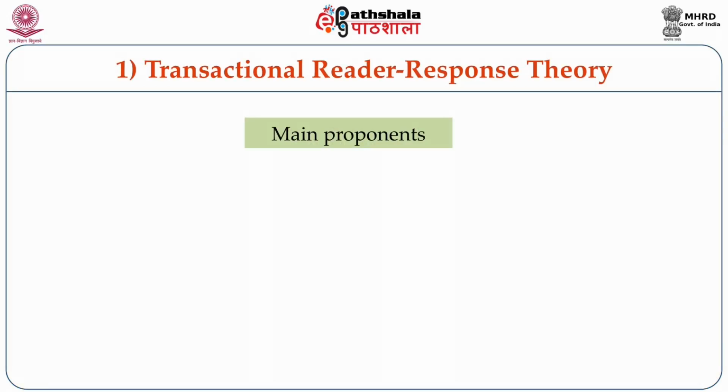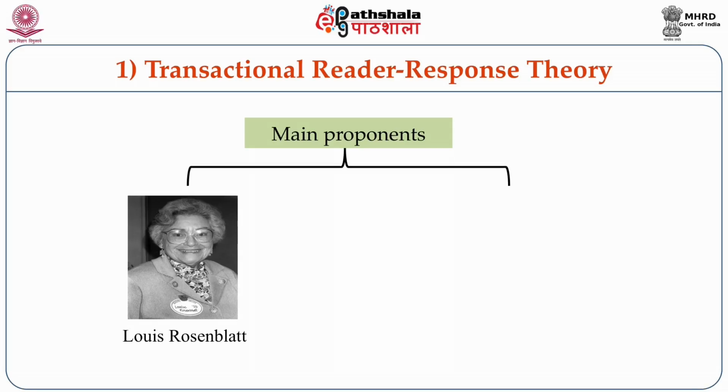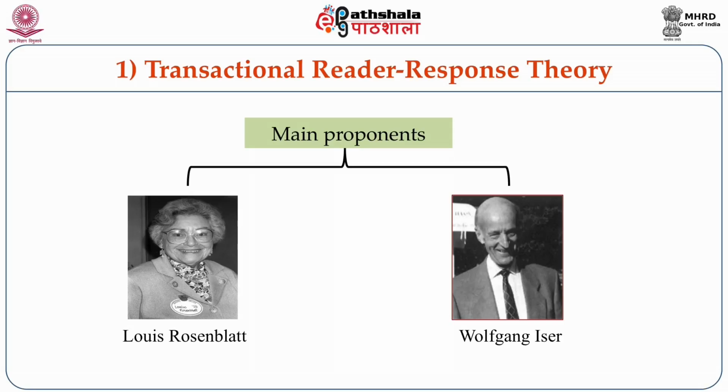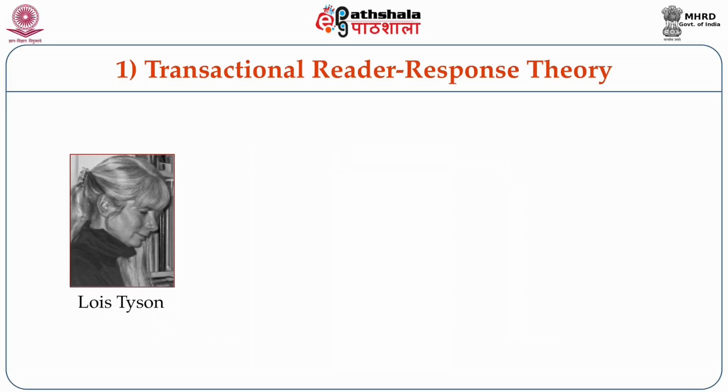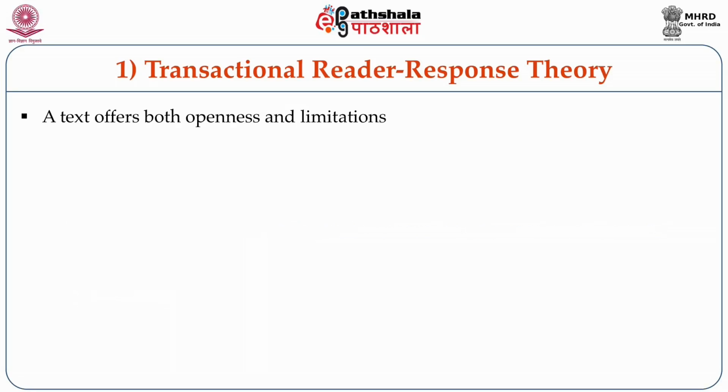Its main proponents are Louise Rosenblatt and Wolfgang Iser. As Tyson writes, this theory analyzes the transaction between text and the reader. Rosenblatt says a text offers both openness and limitations.